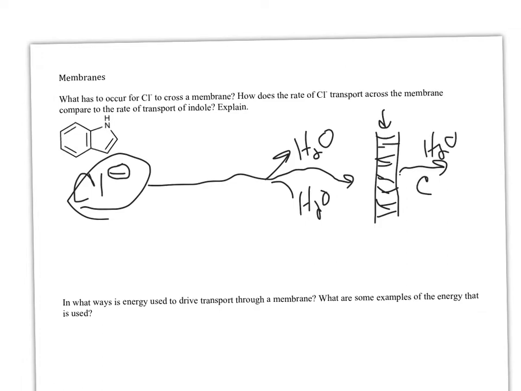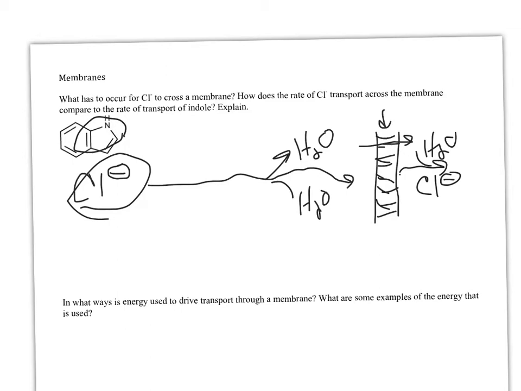So that's what would happen. So the chloride ion would pick up the waters. Well, a very similar thing actually will happen with indole as well. Indole will have an easier time making it through the membrane, or at least into the membrane.